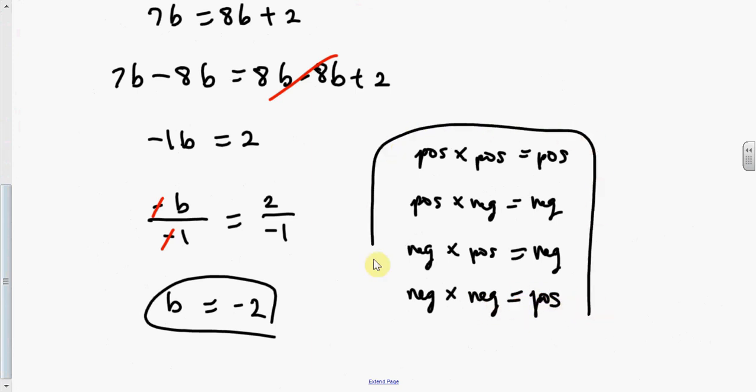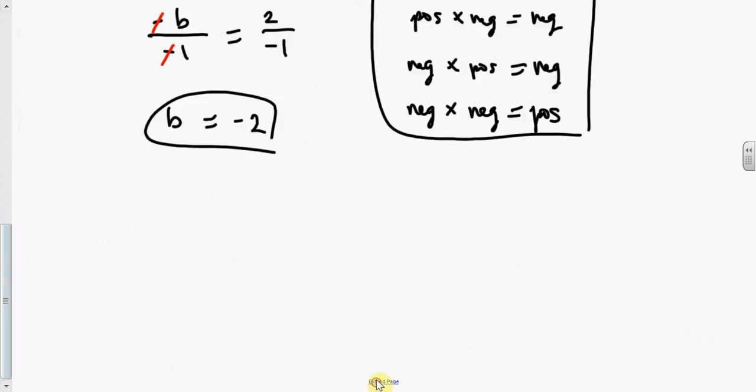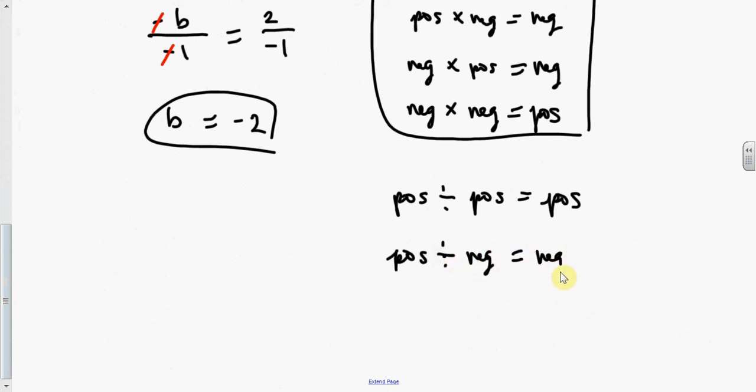And the same thing happens for division as well. So positive divided by positive is positive. Positive divided by negative is negative.